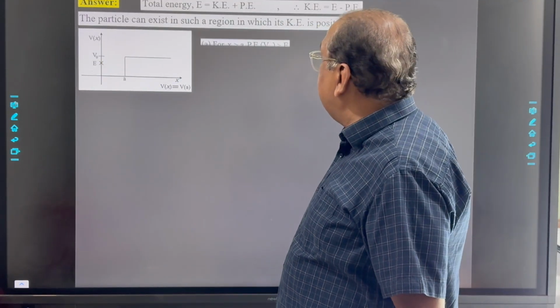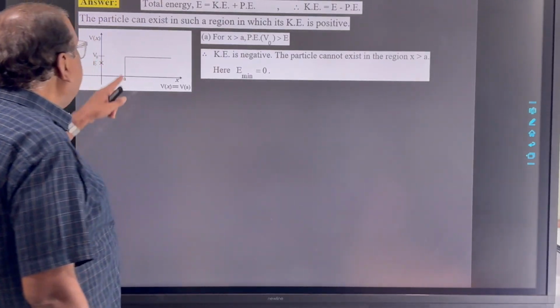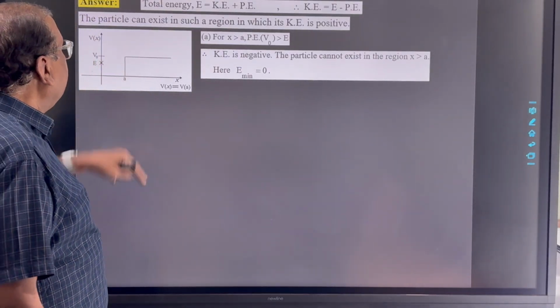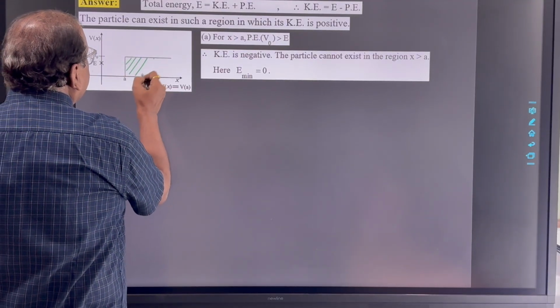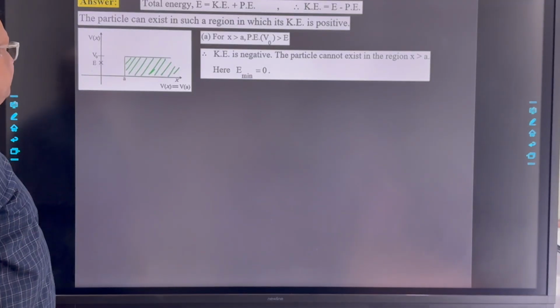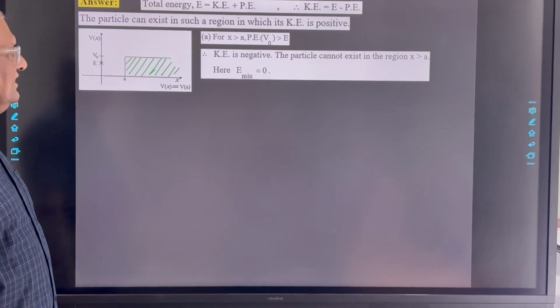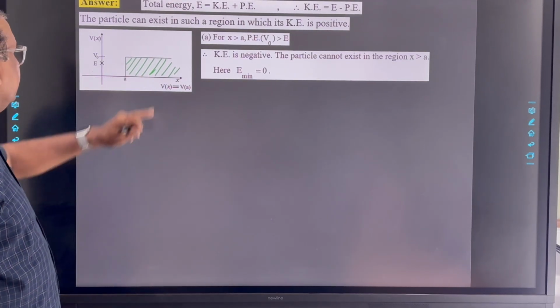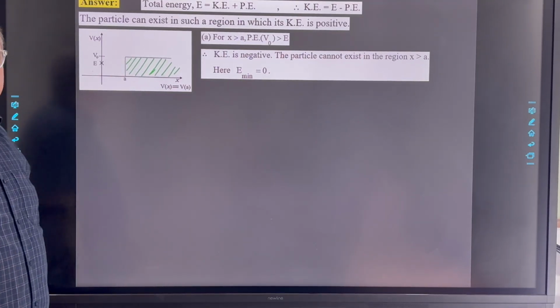It implies that the kinetic energy is negative in this region. So the particle cannot exist in the region where x is greater than A, and here E minimum is 0.